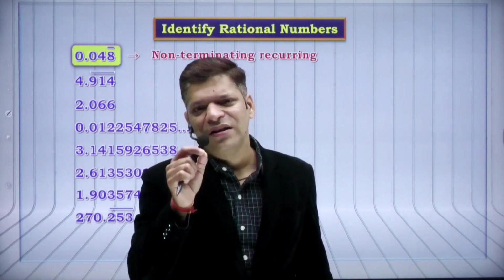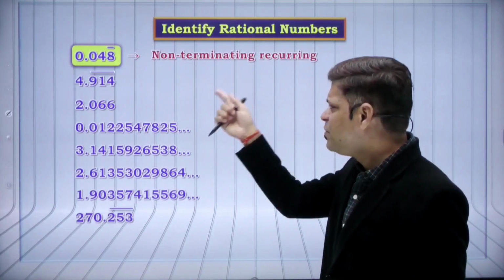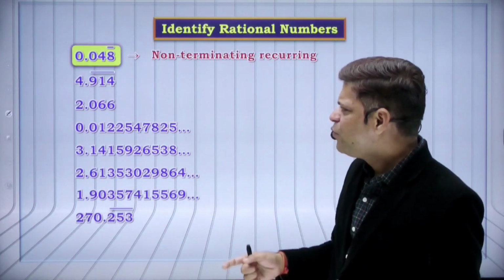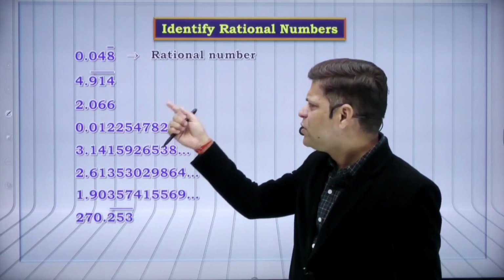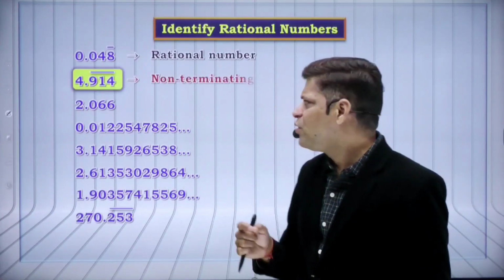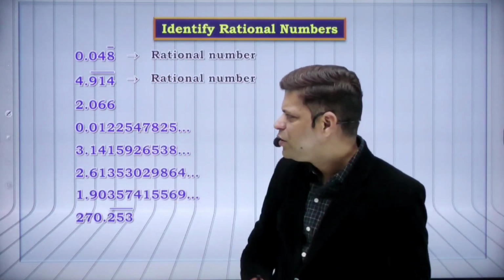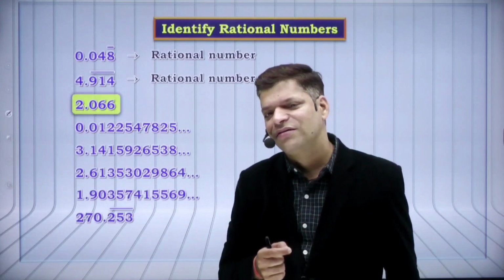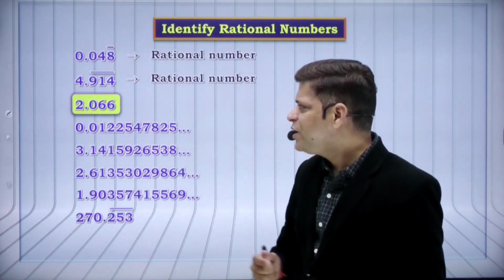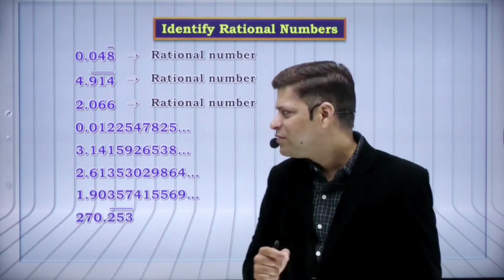The meaning of the bar is that 8 is going to repeat up to infinity, so this is non-terminating and recurring. The second one we can also define very easily: 4.914 bar is also a non-terminating recurring rational number. The third one, 2.066, is terminating, so this is a terminating rational number.